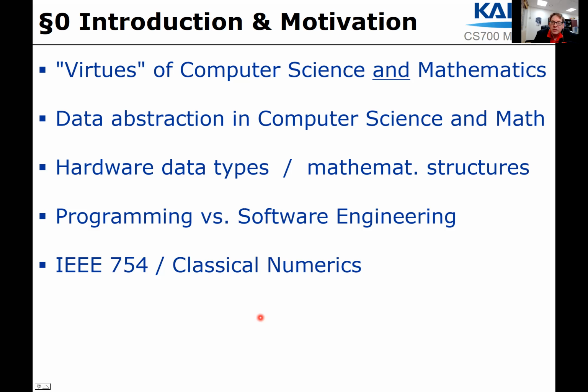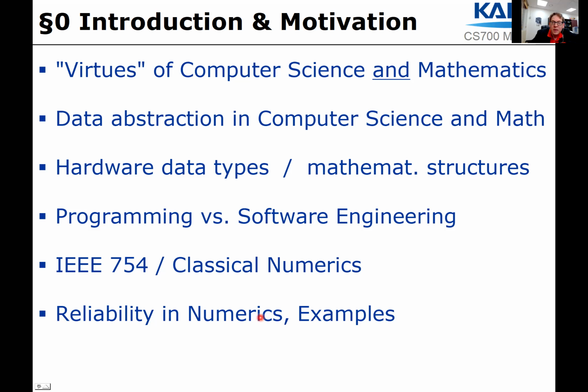We discussed classical numerics, which is based on the IEEE 754 standardization of floating point numbers from 1985, that is 35 years ago, and the consequences of that engineering approach to processing continuous data by a discretization, which hampers reliability in numerics, as we've seen with various examples.